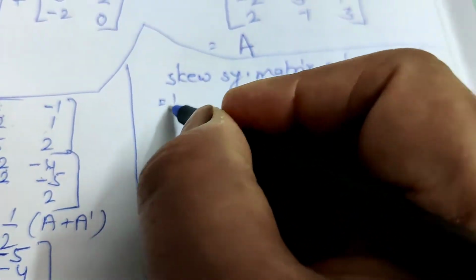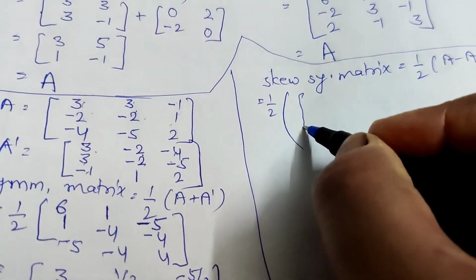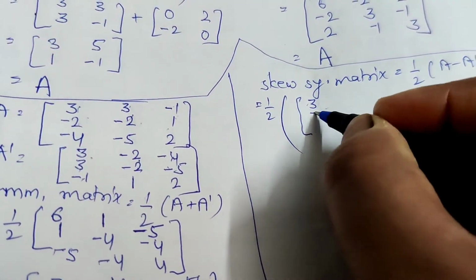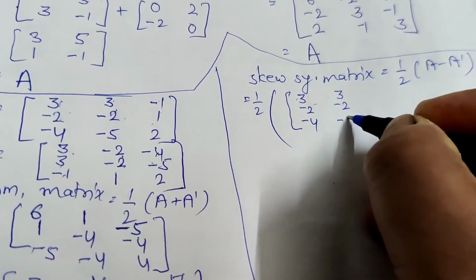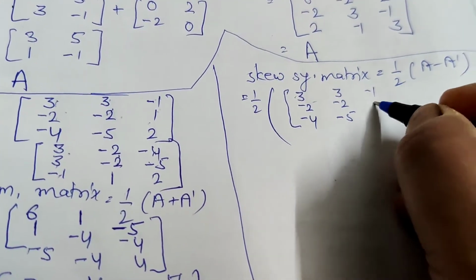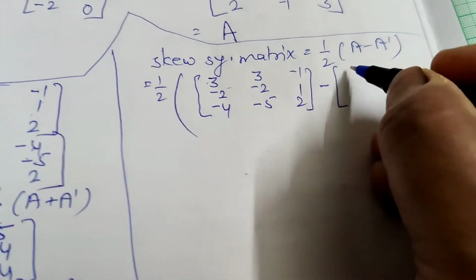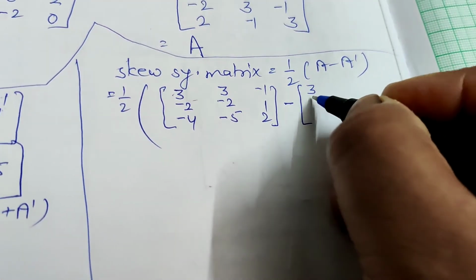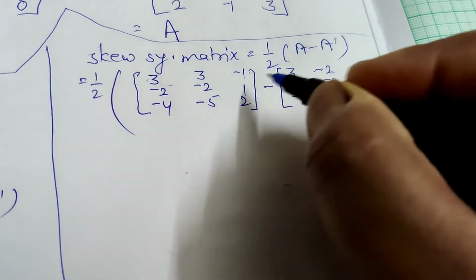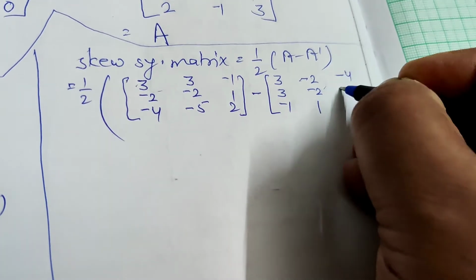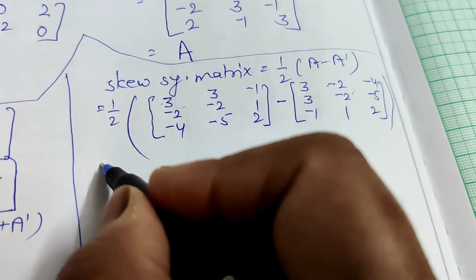It means 1/2 of A equal to 3, minus 2, minus 4, 3, minus 2, minus 5, minus 1, 1, 2, and subtract 3, minus 1, minus 2, minus 2, 1, and minus 4, minus 5, 2. Now subtract and divide by 2.